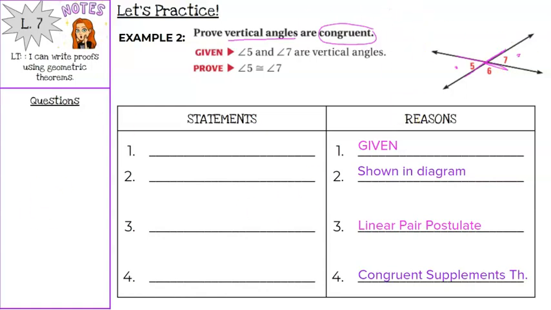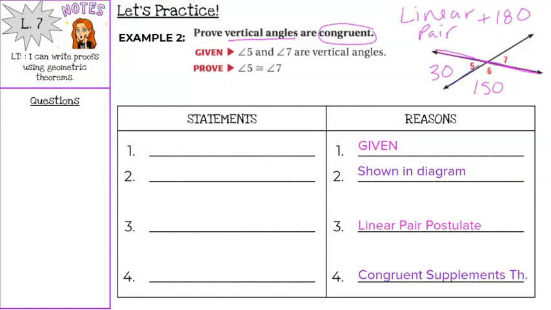Why are they congruent? If we look here, we can see that we have a straight line and two angles making up that straight line, angle 5 and angle 6. Those are two angles making up that straight line, making them a linear pair. So if we have a linear pair, that means they are adding to 180. So I know angle 5 and angle 6 are a linear pair, meaning if angle 5 is 30 degrees, that means angle 6 has to be 150 because they are supplementary, adding to that 180.